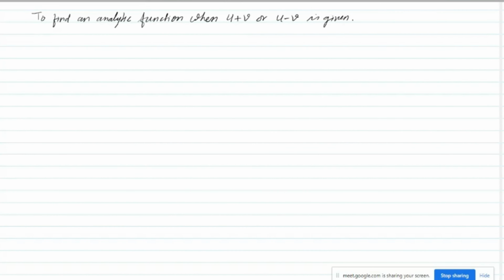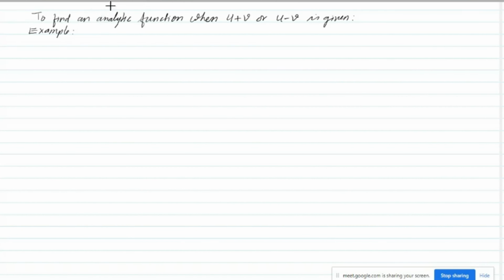Okay, so this is your topic. So let us see how to find the analytic function when a combination of u plus v or u minus v is given to you. So let us see the first example. Let us see the first example, then you will understand.